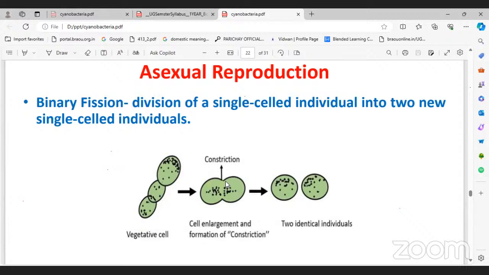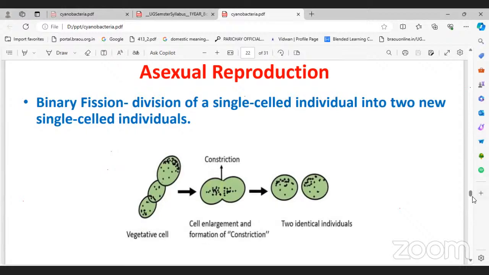The constriction deepens and centrally forms a septum. After the septum forms, the cell divides into two, and these two individuals develop into two thalli. This happens mostly in single-celled thalli of the cyanobacteria.